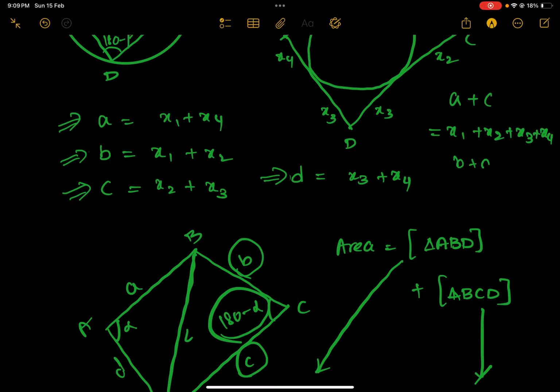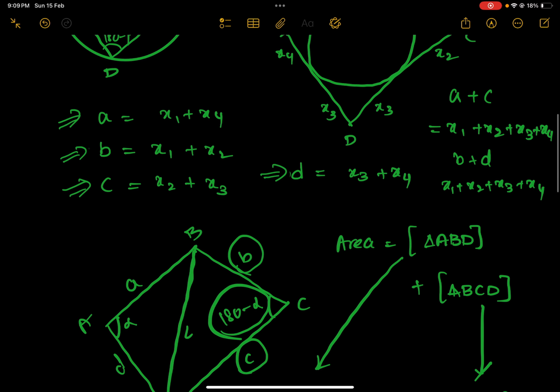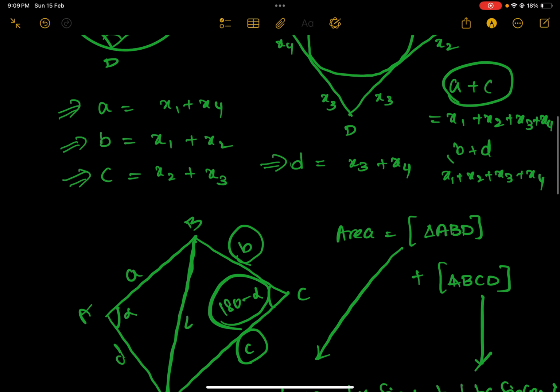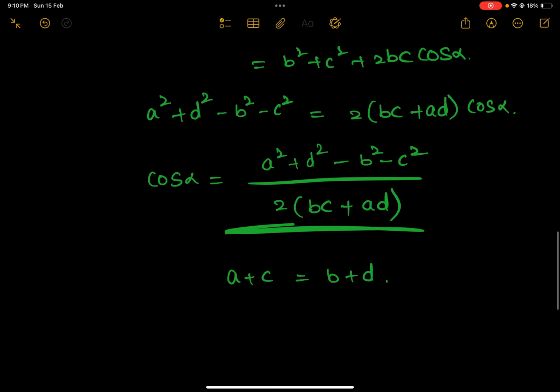Similarly, if you check B plus D, you will get x1 plus x2 plus x3 plus x4. Correct? So sum of the opposite sides is same. A plus C is equals to B plus D. So let us write that here. We have this thing as well.